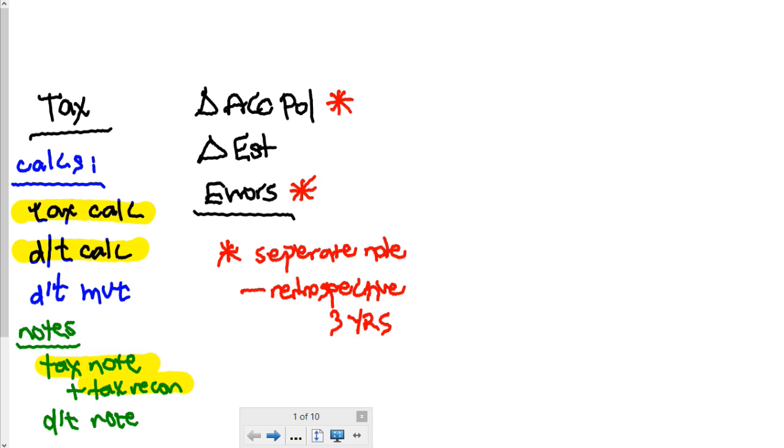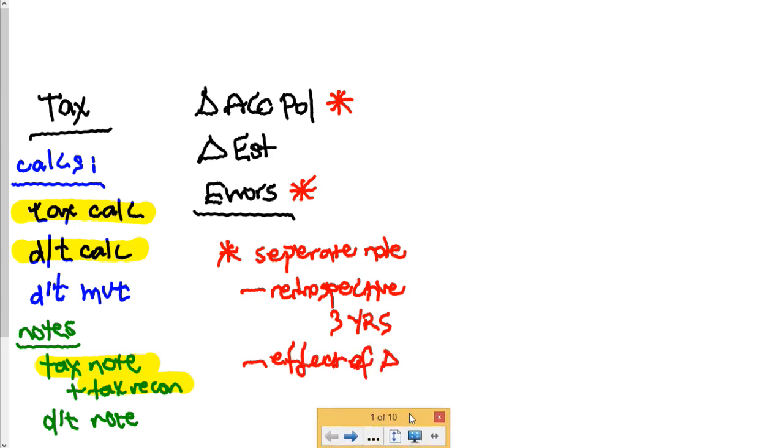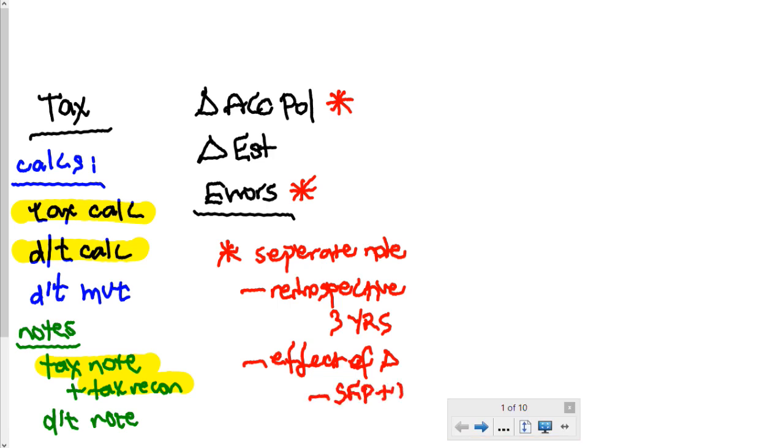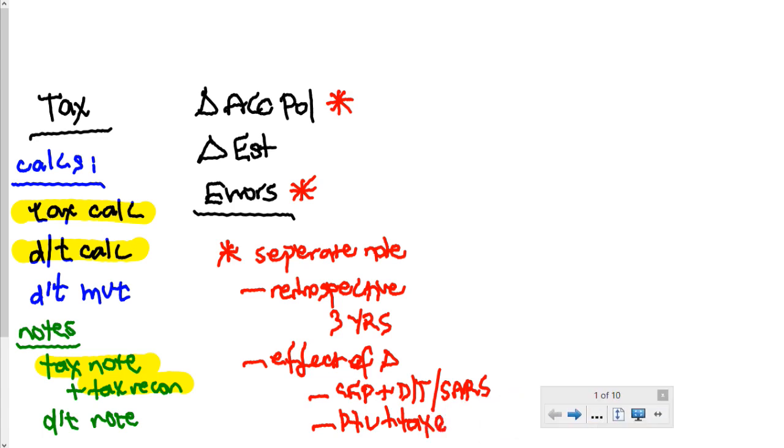And this separate note shows the effect of the change. It shows the effect of the change on my statement of financial position and deferred tax/SARS. And it shows the effect on my statement of P&L and tax expense. So you remember that.